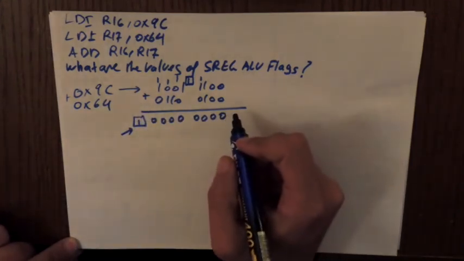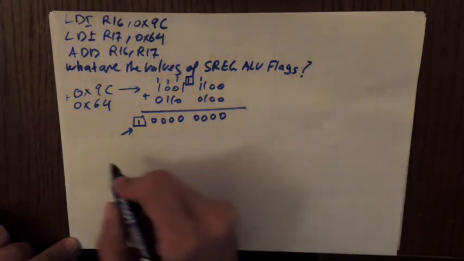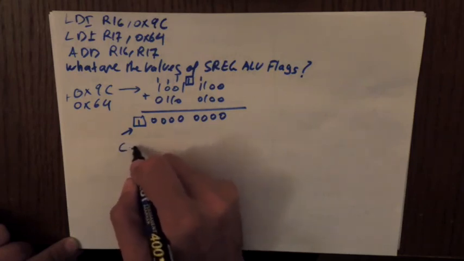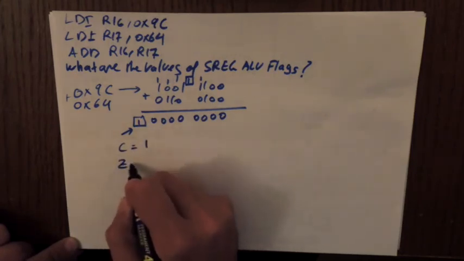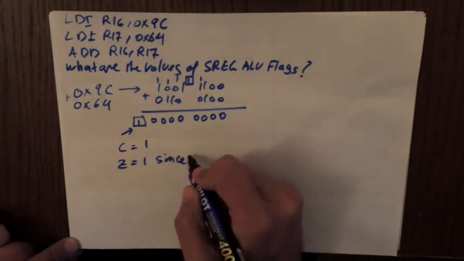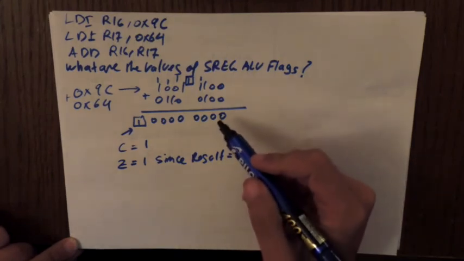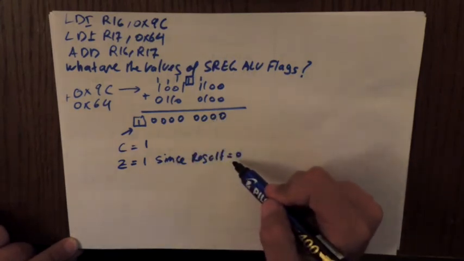flag for the addition. So now if I want to represent the values of the status register, I will start with C. It's going to be 1. The Z bit is going to be 1 since the result is 0. A common mistake here is that you might think that the Z bit is 0 because the result is 0.